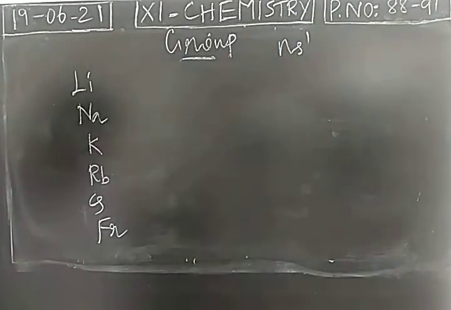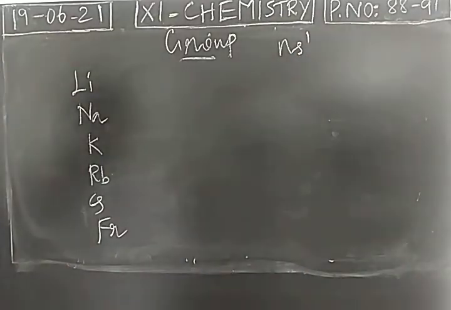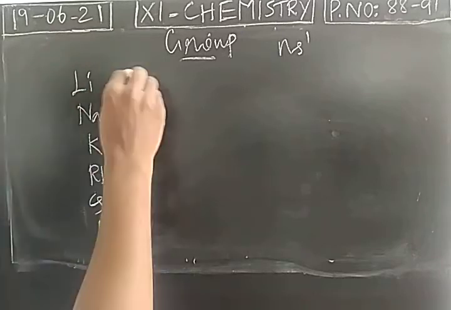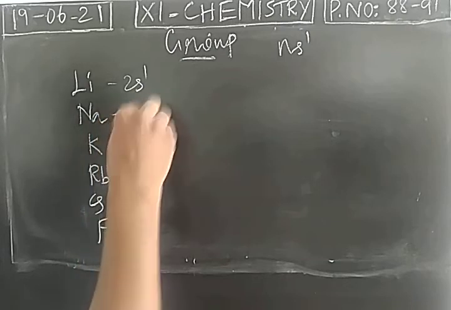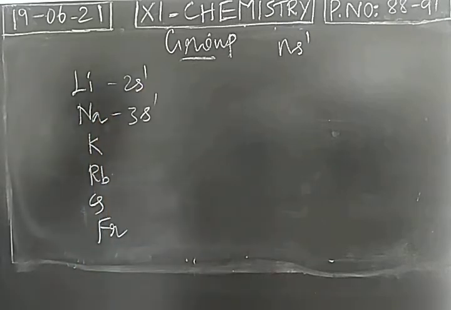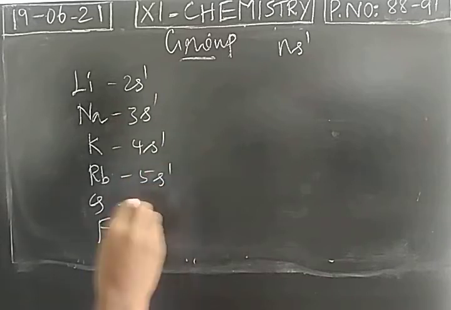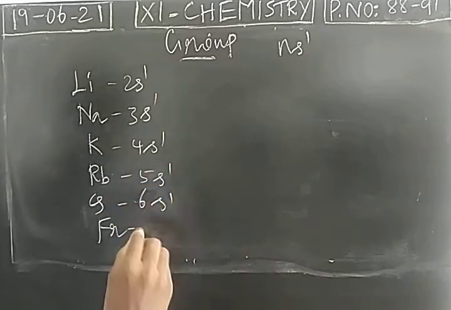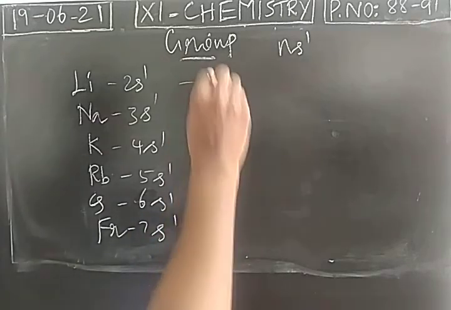The outermost orbital, the s orbital, will have only one electron. When you take lithium, the outermost orbital is the 2s orbital with 1 electron. Sodium, outermost orbital 3s with 1 electron. So when you take alkali metals, the number of valence electrons is 1.